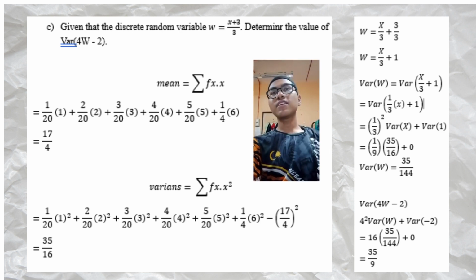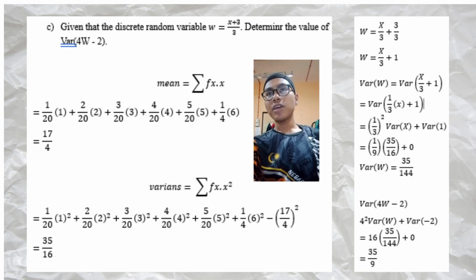So to calculate the variance of W, we need to simplify W first. So W is equal to X plus 3 over 3. After we split it, we get X over 3 plus 3 over 3.